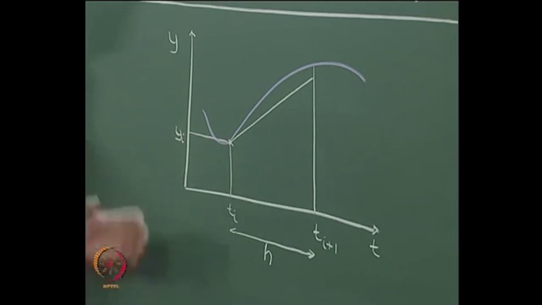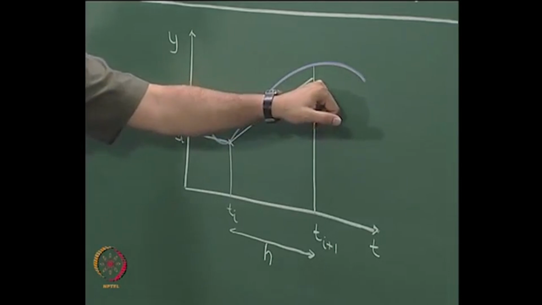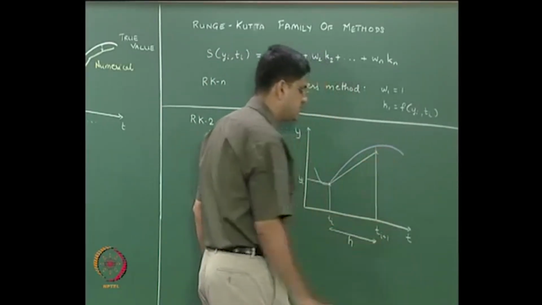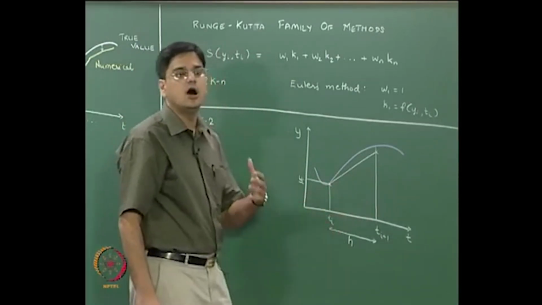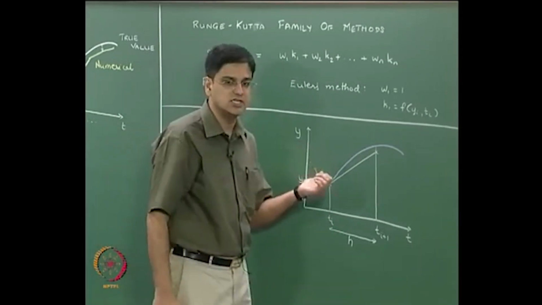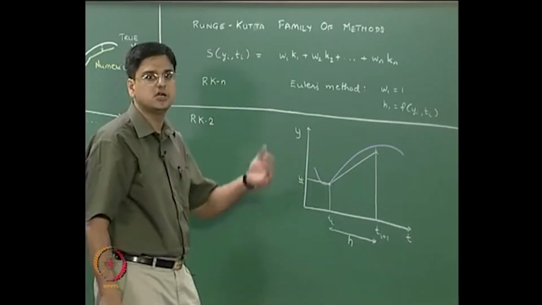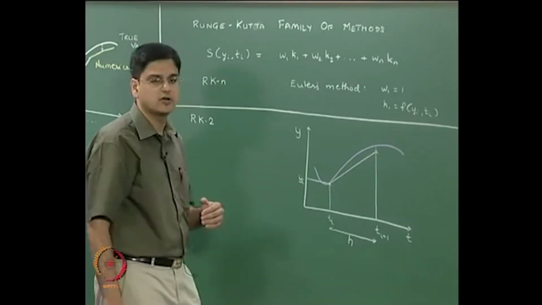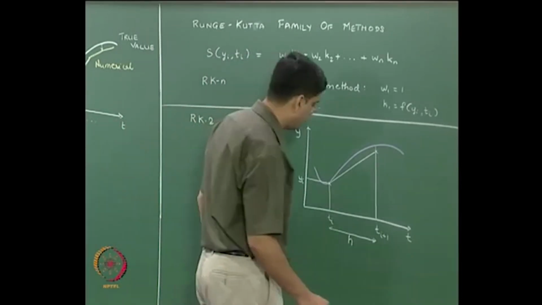What we did in Euler's method was just use that slope projected up to the point at the time ti plus 1, and this particular point we said was nothing but our yi plus 1, and then we progressed. Okay. That particular way of solving ODEs is not accurate enough. As we will see later on in this lecture, that gives us h to the power 2 accuracy, whereas the Runge-Kutta methods tend to give us a much more accurate way of solving this problem.